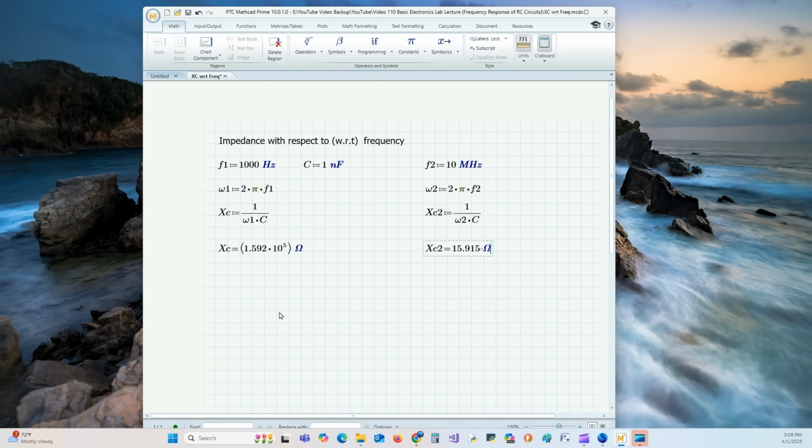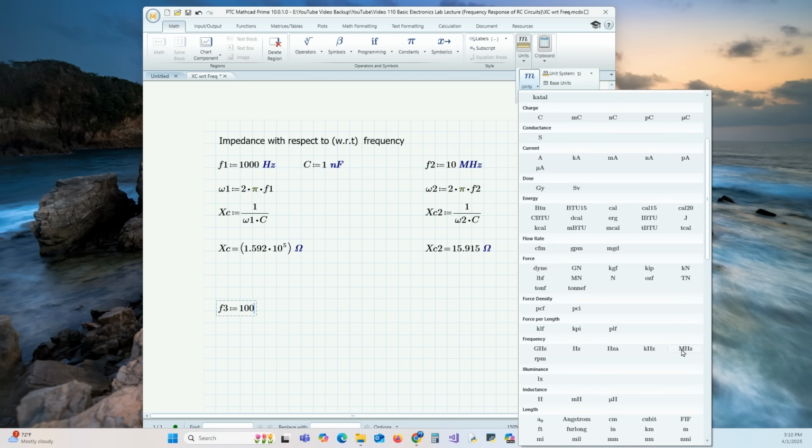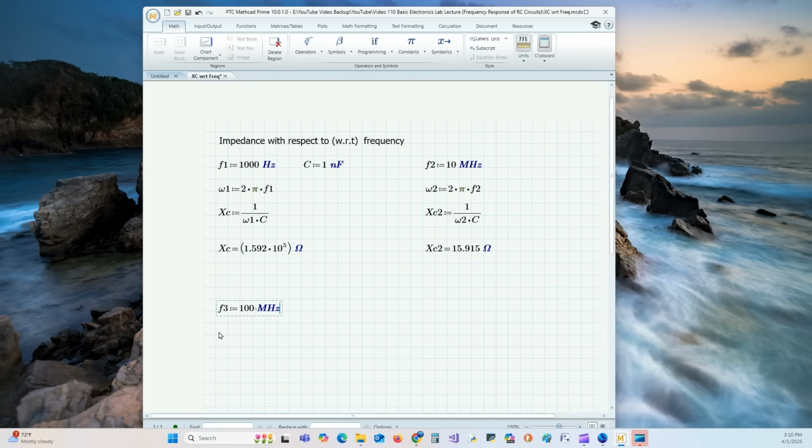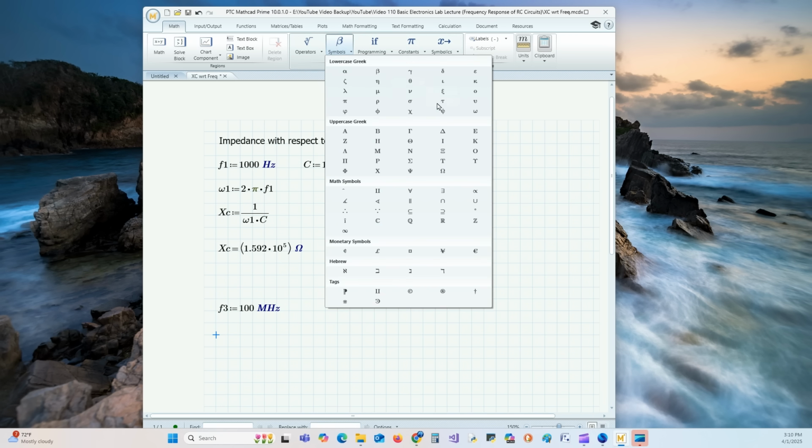So now we're going to do 10 megahertz. Let's do 100 megahertz. You can see how the resistance went down. F3 shift colon. It's 100. Go to my units. Find the megahertz right there. C is the same. Do an omega 3.